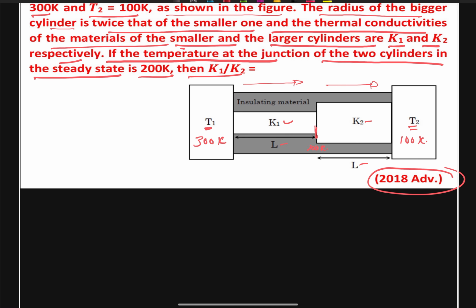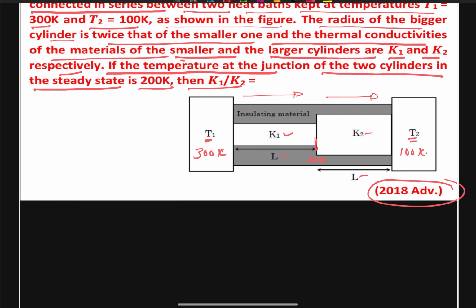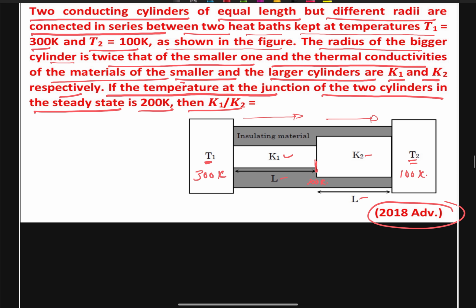So let us consider that the radius of our smaller cylinder is small r.